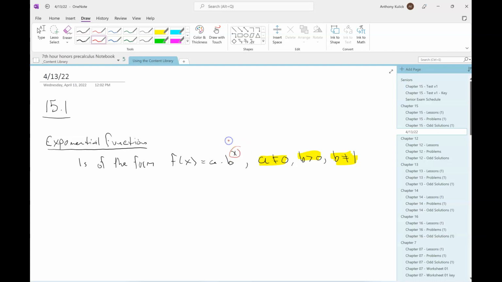Another issue, your inputs for x can be anything, right? Specifically, they could include things like 1/2, 1/4, 1/6, 1/8. Why would that be a problem if b was negative? Remember that those are all equivalent to radicals. An exponent of 1/2 is the same thing as a square root. 1/4 is a 4th root. 1/6 is a 6th root, etc. And if you take an even root of a negative number, what do we get?